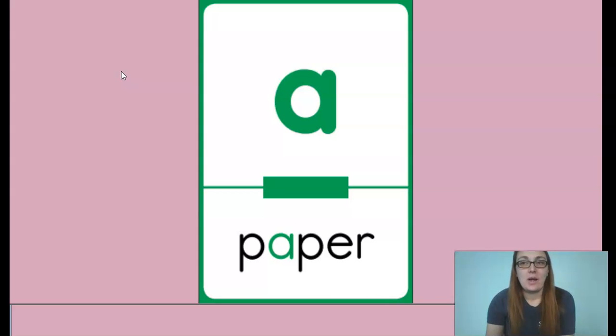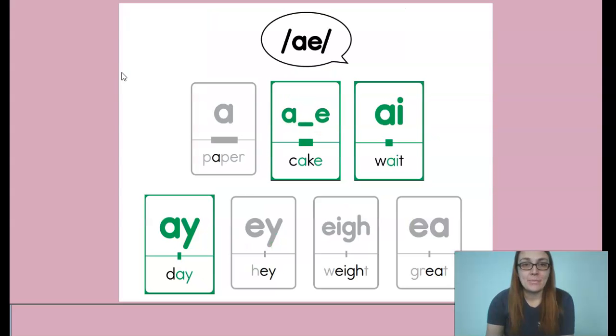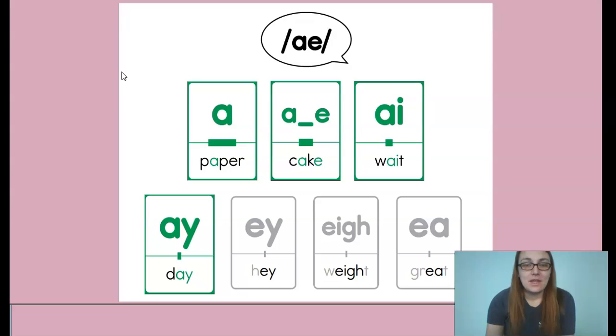As you can see by the power bar, it's kind of in the middle. It's not the most common, but not the least common way to spell the A sound, like in paper. And here's our list of the 3 we've done already, and adding the A. So we have A, AE, AI, and AY. If you have your code chart, you can color these all in green as well.